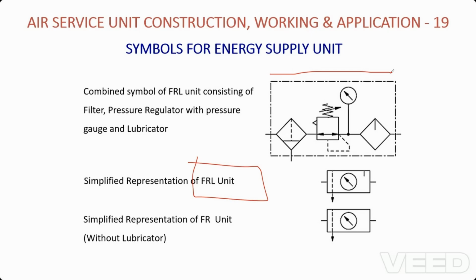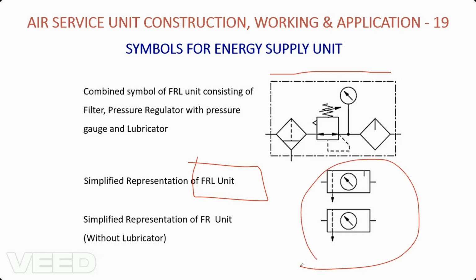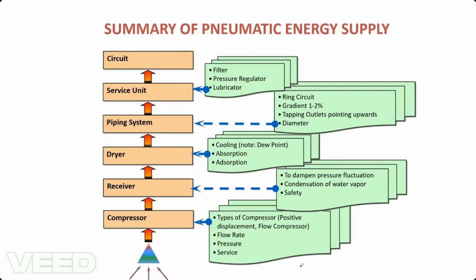Here we are using filter, pressure regulator, and lubricator all together, so it is called an air service unit or FRL unit. Sometimes in some applications we will not be using a lubricator, so there we can call it an FR unit, or filter and regulator unit. In the third symbol also, the left one is input and the right one is output.